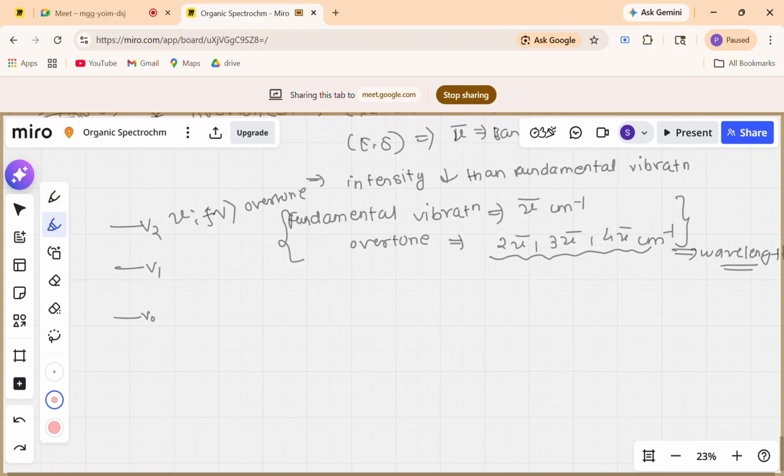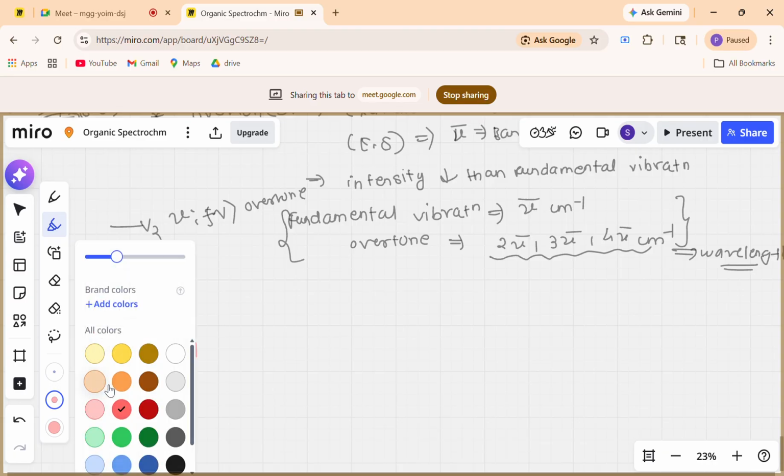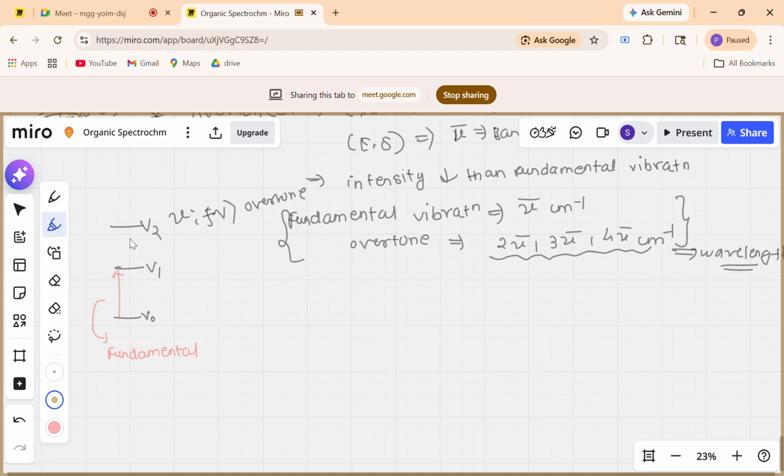If we represent it in a diagram, this is the first vibrational level, the second vibrational level, the higher excited state vibrational level, and this is your fundamental vibration.